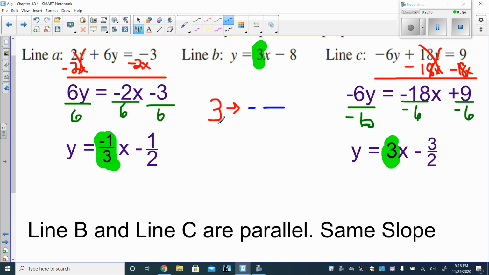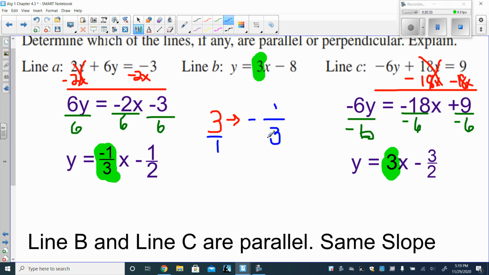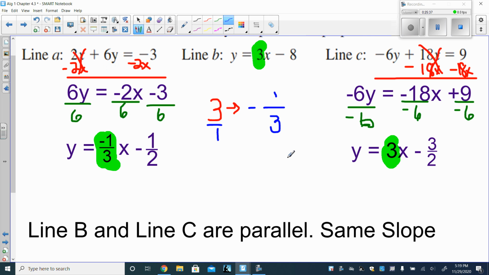And the reciprocal of 3, because we have 3 over 1, if I flip it, it would become 1 over 3. Let me write that 3 a little better. So the opposite reciprocal of a slope of positive 3 would be a slope of negative 1/3.